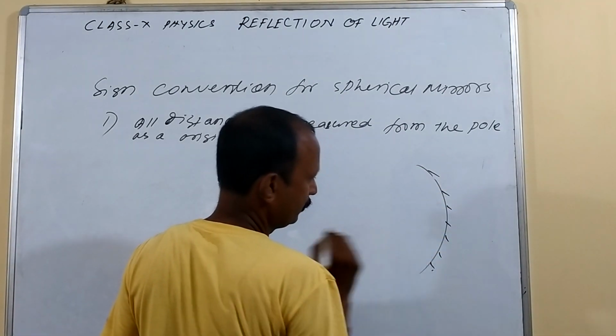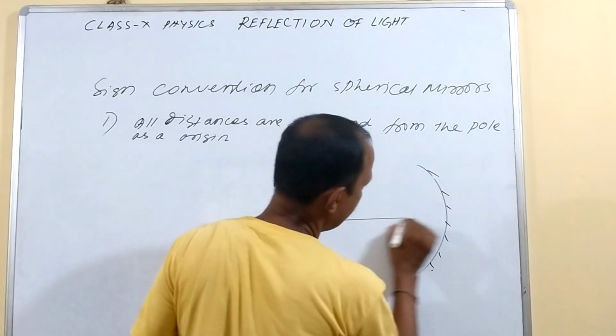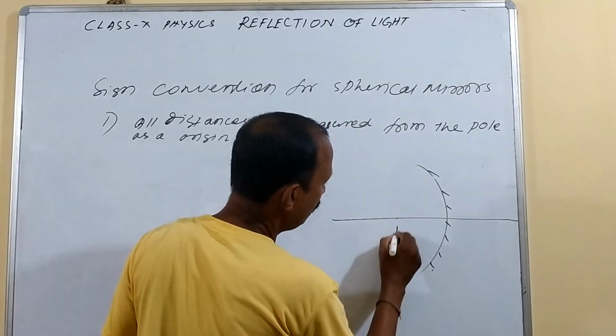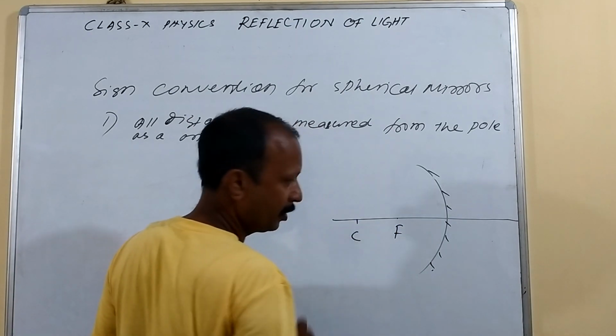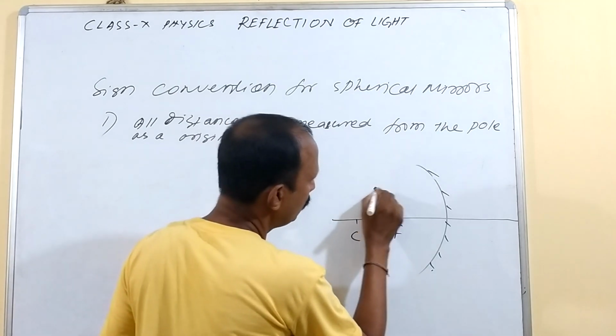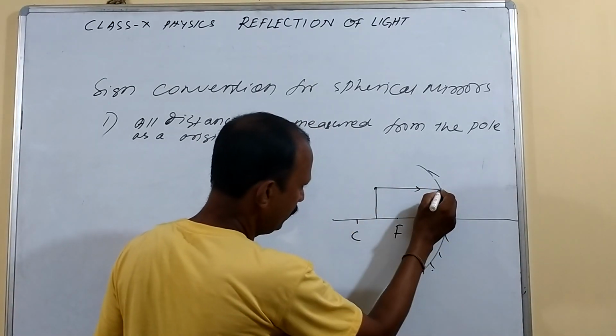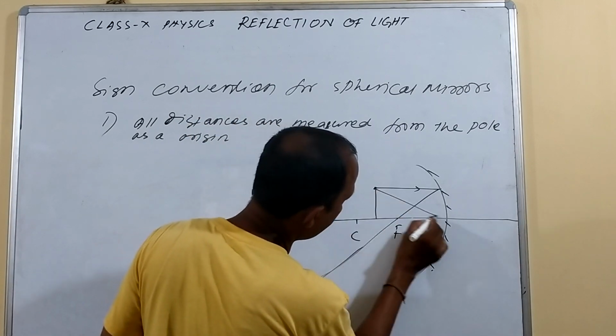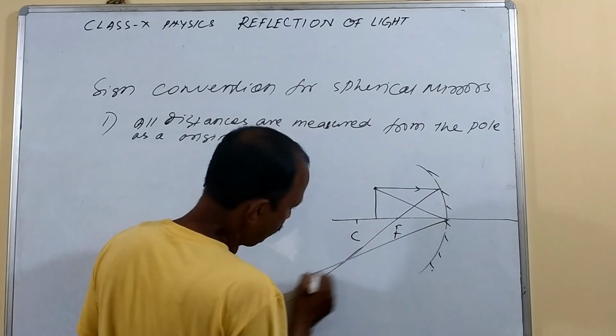That means this is the concave mirror. According to the Cartesian rule, this is the focus, this is the center of curvature. I have taken the object here. So this is the incident ray, this is the reflected ray. Similarly, this is one incident ray, this is reflected.